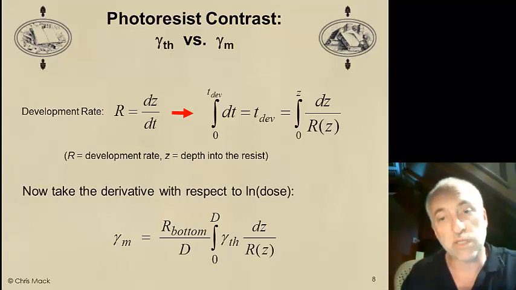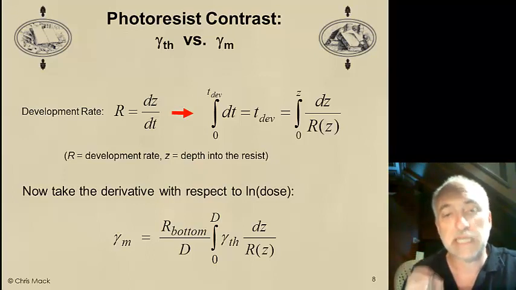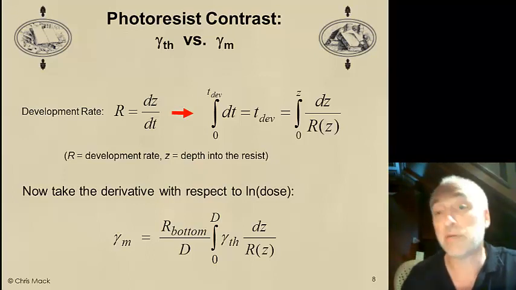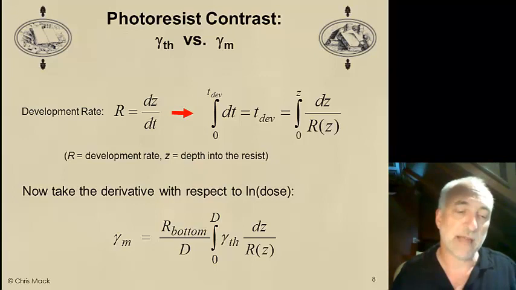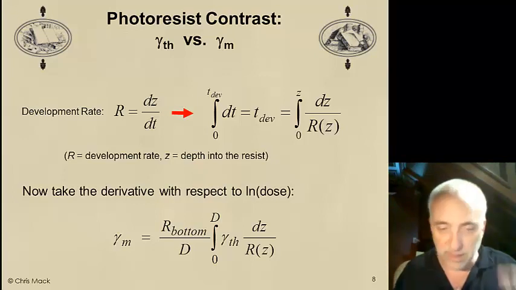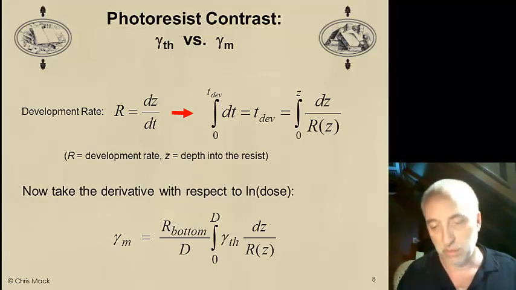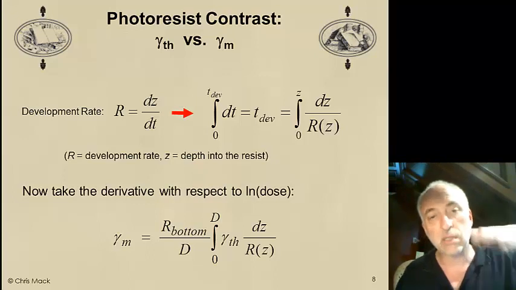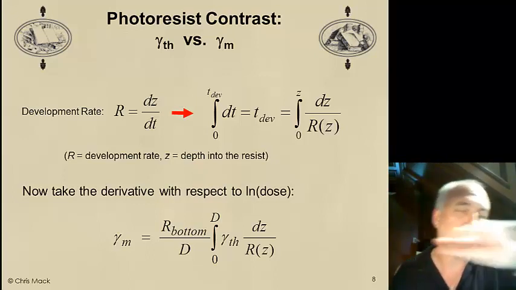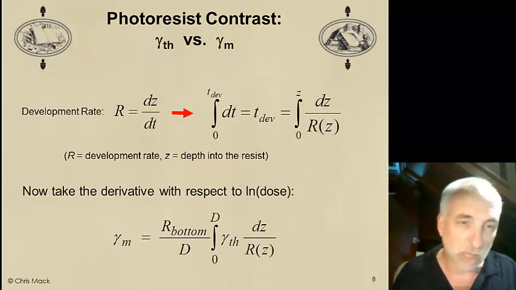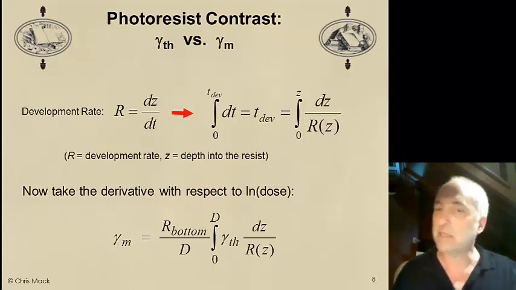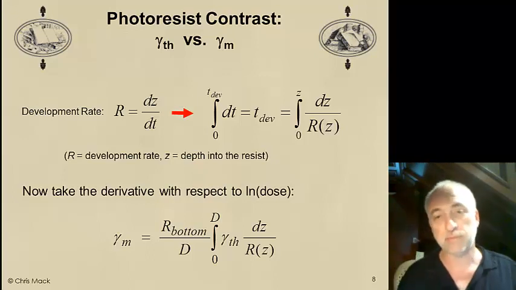But it's even worse than that. The measurement technique can give the wrong answer in the presence of surface inhibition. This goes back to our discussion of the surfactant. One of the things surfactant does when I add it to developer is to inhibit the dissolution rate of a thin layer at the top of the resist. I get a layer at the top of the resist that just dissolves very, very slowly. And then once I break through that top layer, it develops normally.